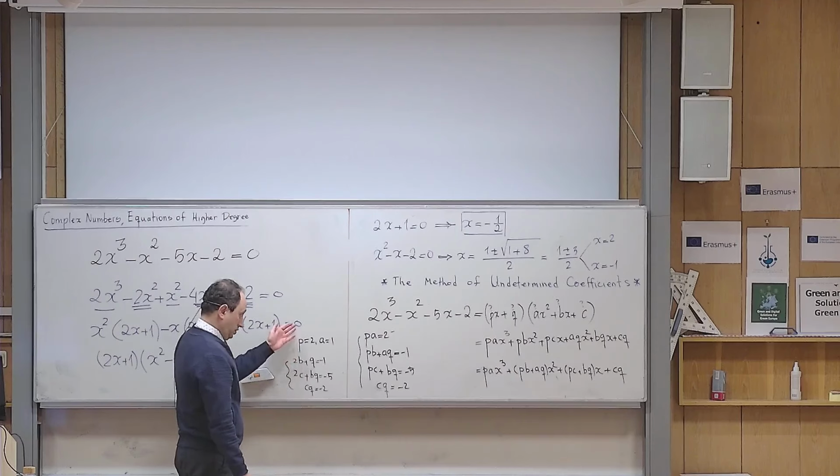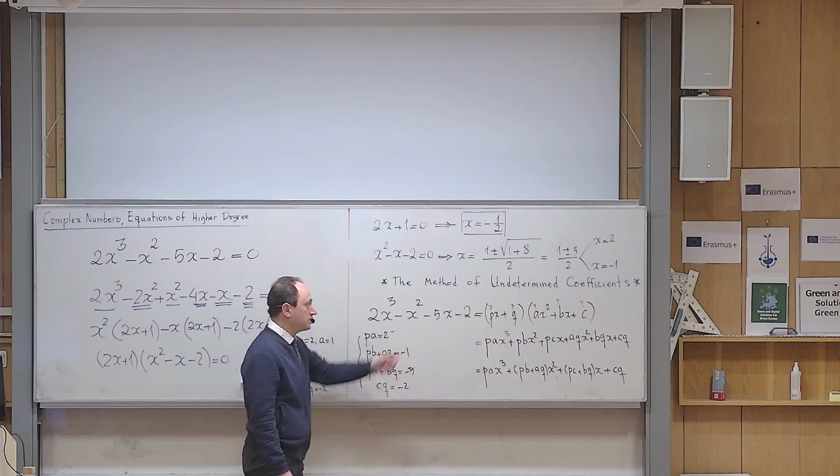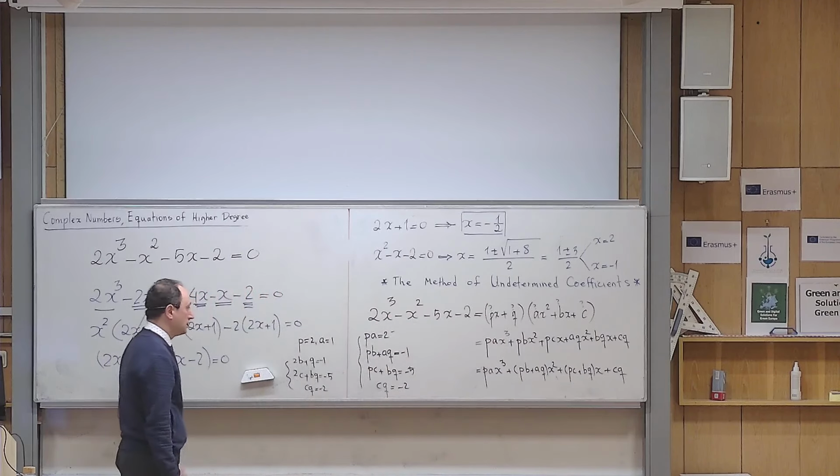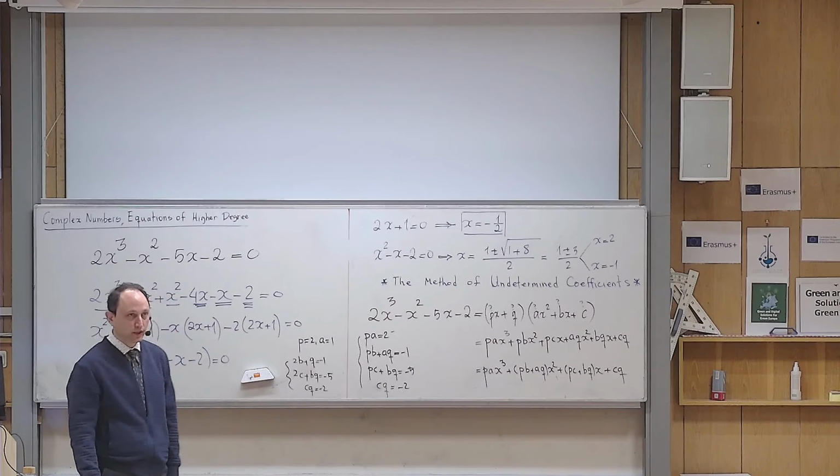This is a systematic approach, better than nothing, but it has its own obstacles in front of us, because solving this system is not that easy. For some cases, solving the system is extremely simple, but for some cases, as you see here, it is not that simple.